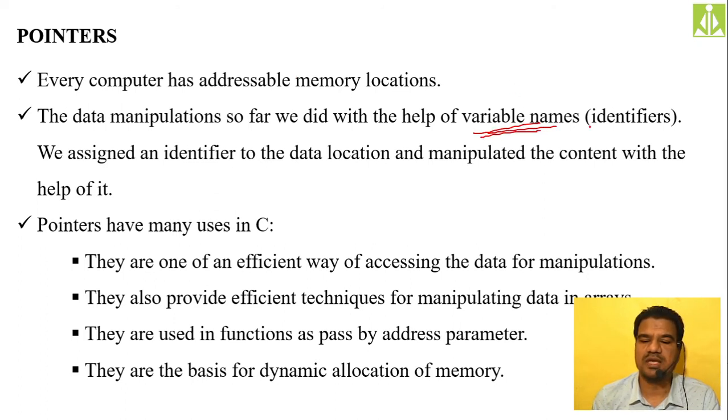Those variable names are nothing but identifiers. We assigned a unique identifier to every variable, and with the help of that identifier only we accessed the variable content, manipulated the variable content, and printed the variable content, isn't it?